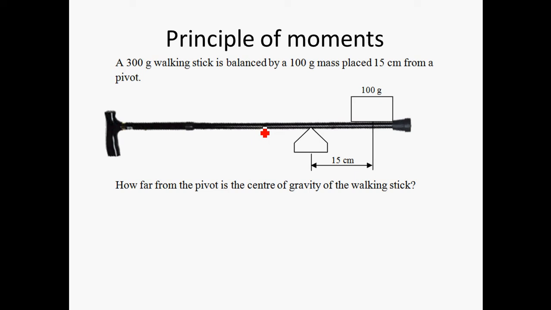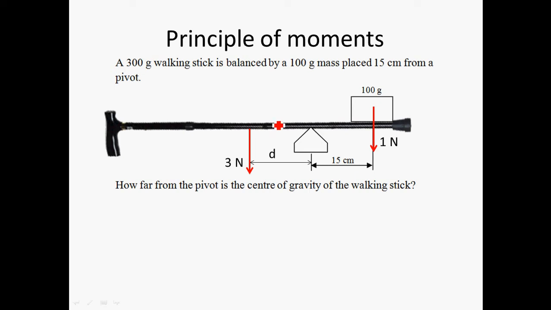So the first thing you need to do is draw down the forces that are acting on the body. The first one is acting through the block, which is the 100 gram mass, and the other one is the weight of the walking stick.